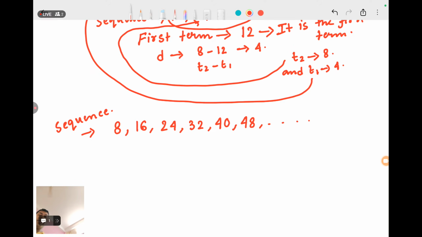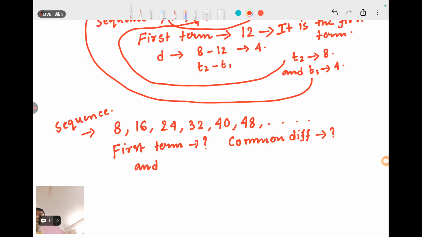So it is a question, and you have to find the first term, the common difference, and the next two terms. Will anyone help me to find this out?